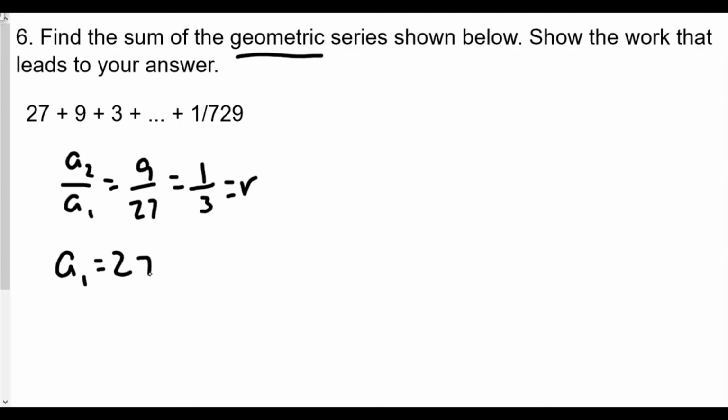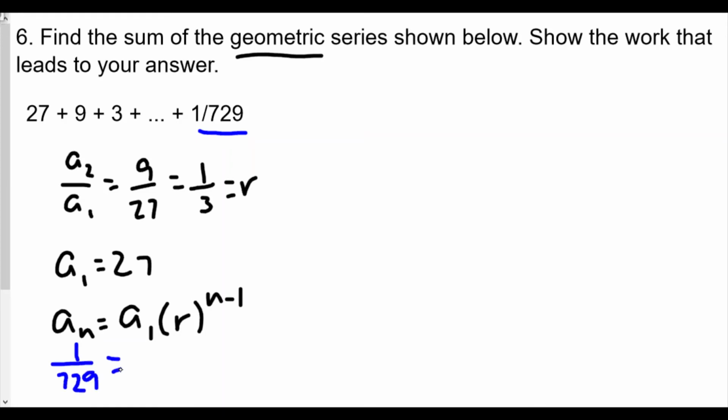Well, we use a sub n is equal to a1 times r raised to n minus 1, because we know the final term will be 1 over 729. So that's 1 over 729 is equal to 27 times 1/3 to the n minus 1 power.